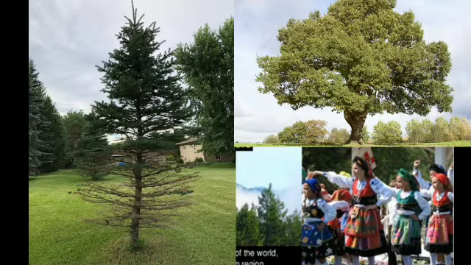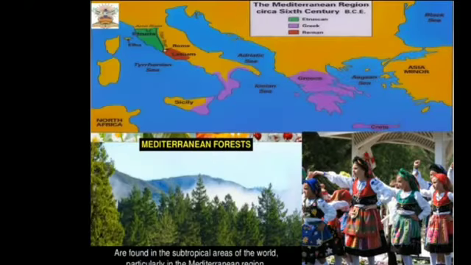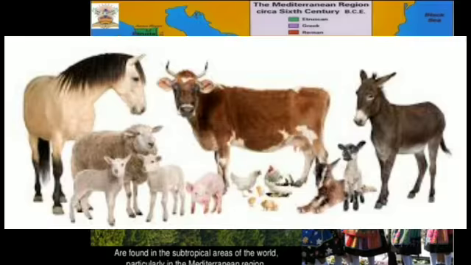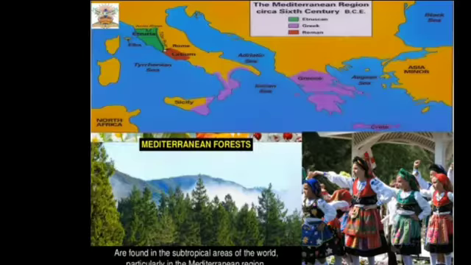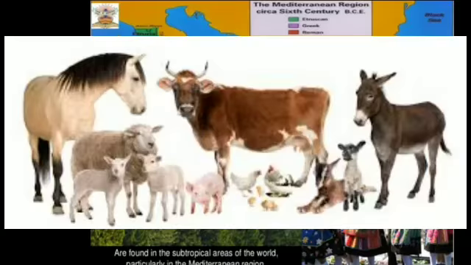And children, due to animal husbandry, the people of the Mediterranean region domesticate animals, meaning they rear and take care of animals like cows, goats, horses, sheep, right?